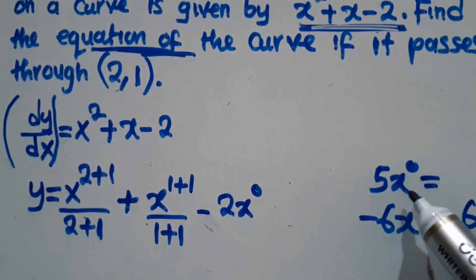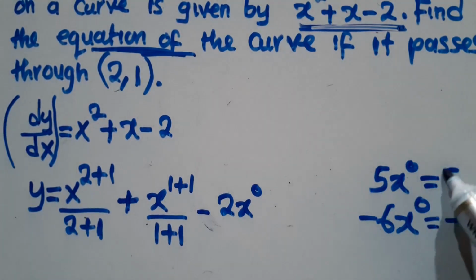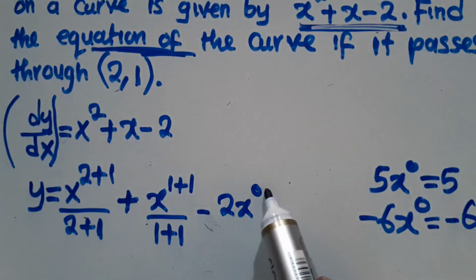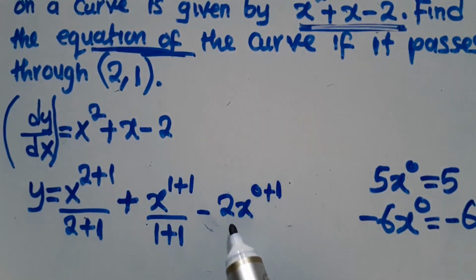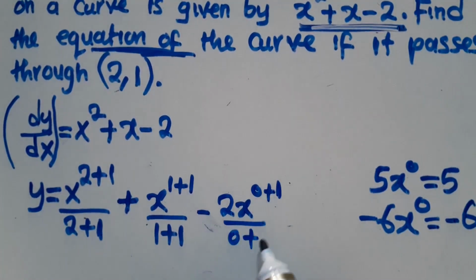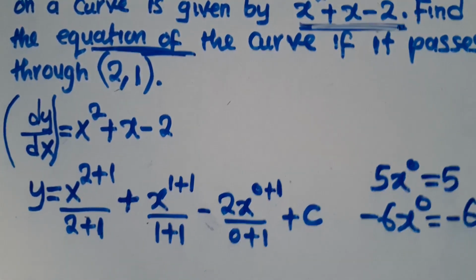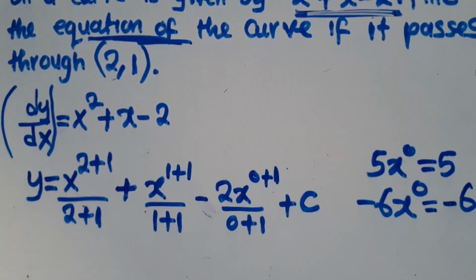This is 5x power 0, just the same as 5. So don't be confused. So 2 is just the same as 2x power 0. You just say plus 1, even down here plus 1. Then here you say plus c. This is what you need to get and understand.